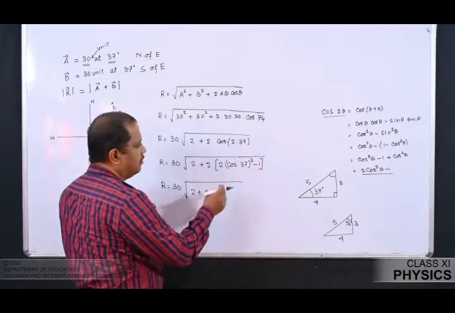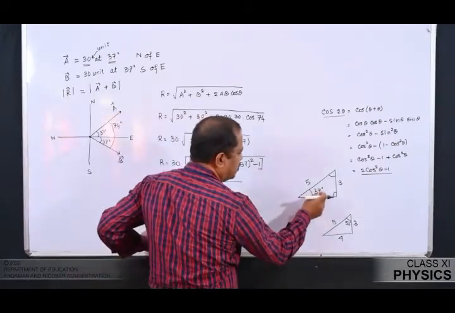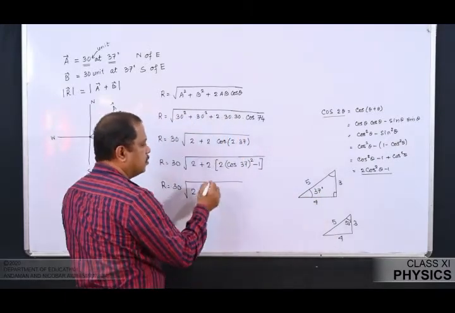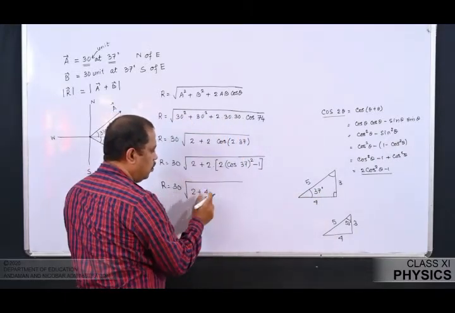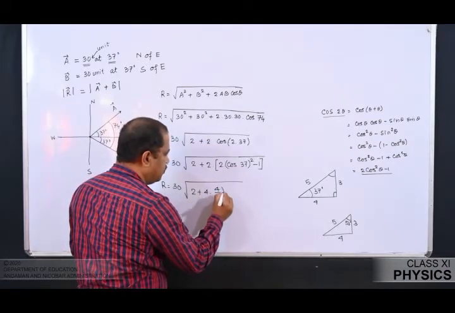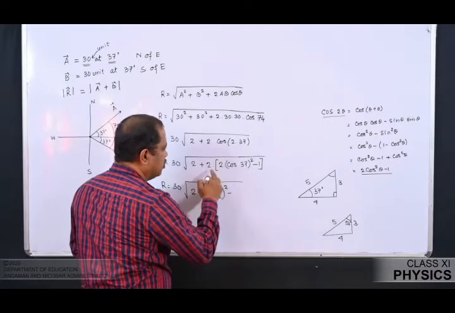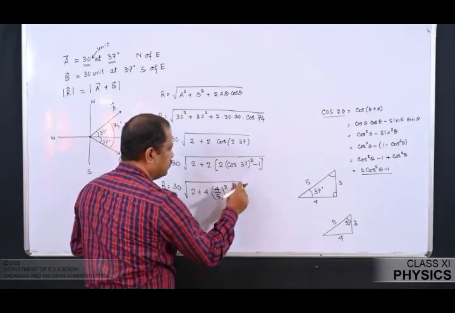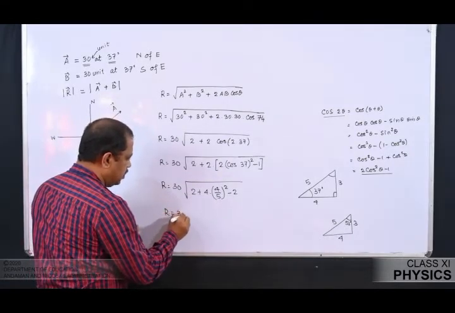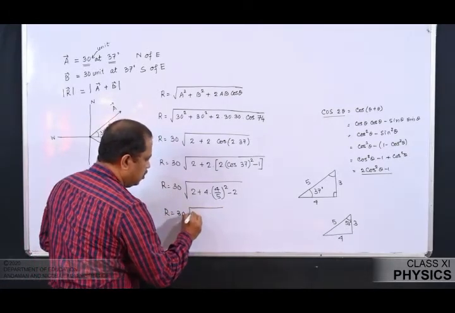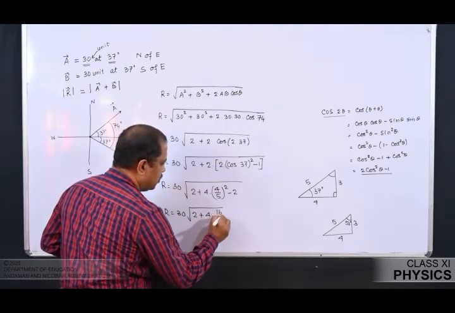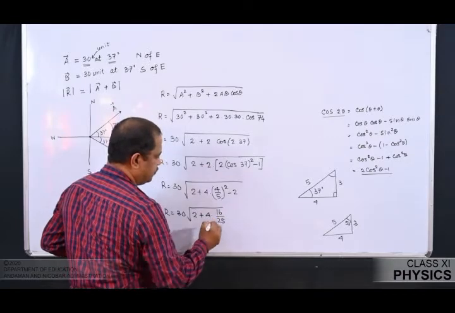So here in our case cos 37, base by hypotenuse, is 4 by 5. So I write 2 into 2, 4 times cos square 37 is 4 times 16 by 25, minus 2 into 1 is 2. Or I write R is equal to 30 under root 2 plus 4 times 16 upon 25 minus 2.